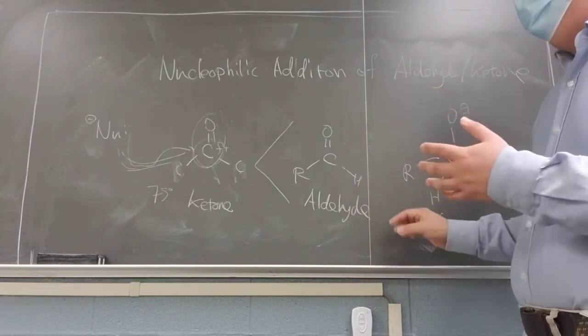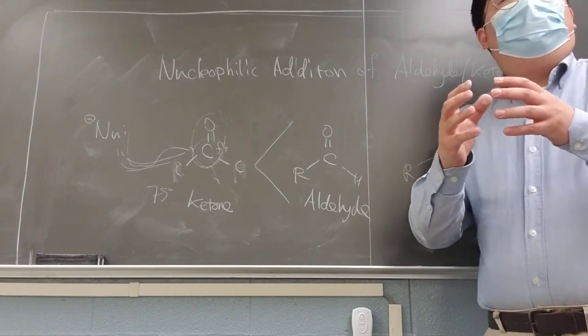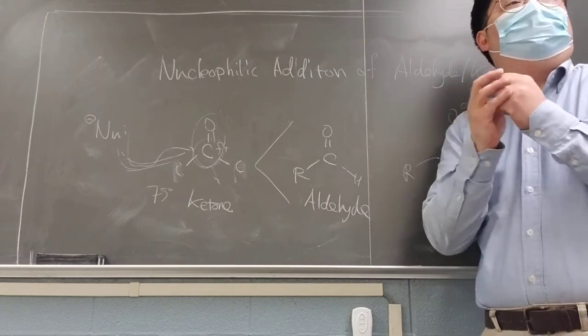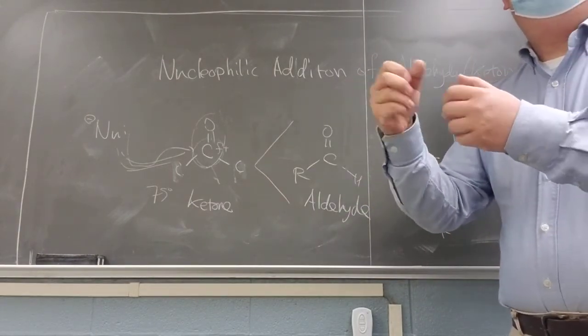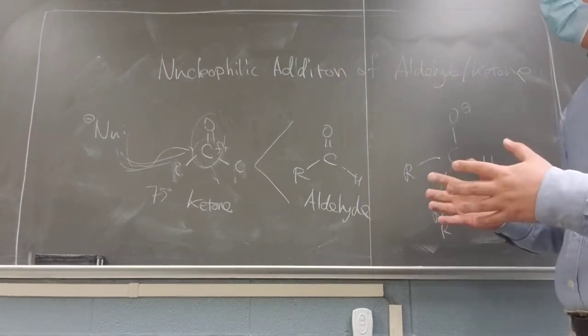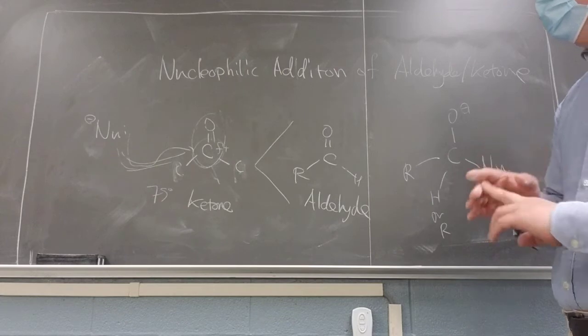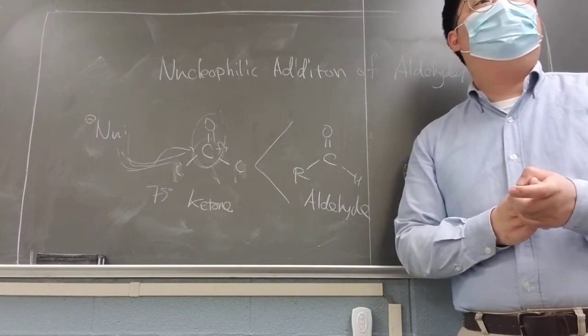If you have a compound that's becoming more stable, they're a bit more inert to the reactions because they're already stable. But if it's not stable, they want to do the reactions to be more stabilized. So in that way, sterically and electronically, aldehyde will become more reactive than ketone.